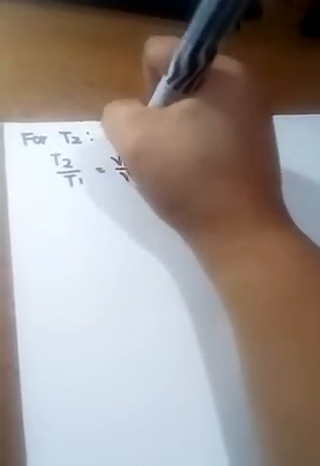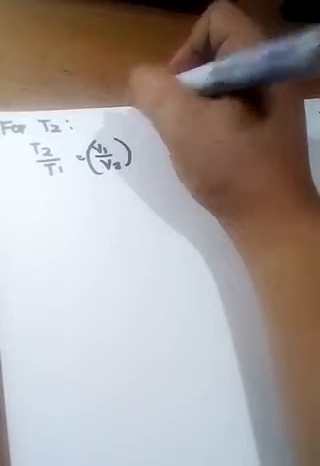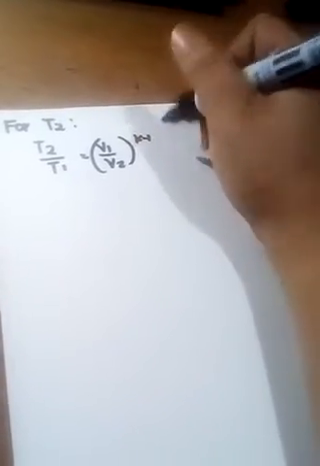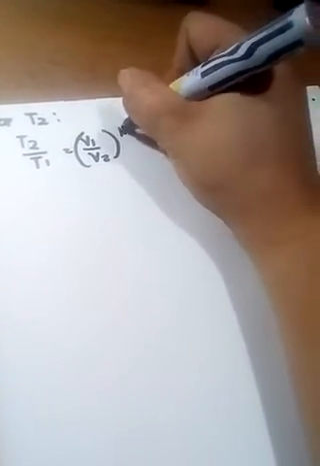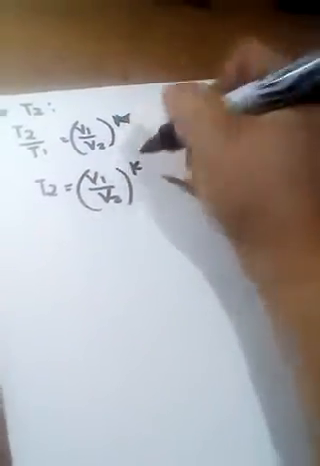So let's use the formula T2 over T1 is equal to V1 over V2 raised to K minus 1. Or K, let's say K. So in here, this would become V1 over V2 raised to K times the temperature 1.